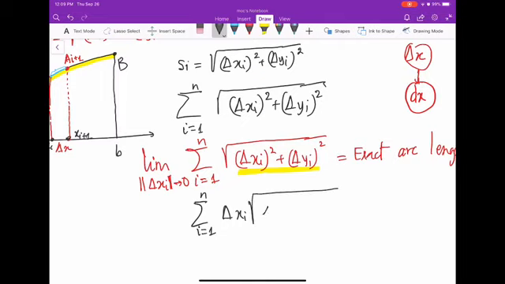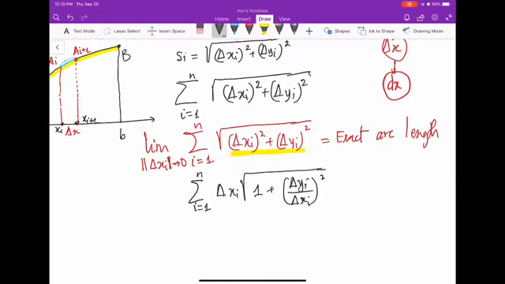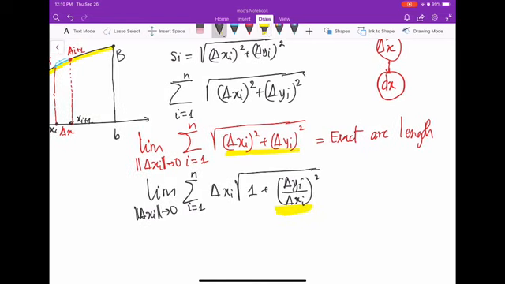In here, I have the square root of 1 plus (delta y_i over delta x_i) squared. And when you consider the limit, this part is equal to f prime of x.